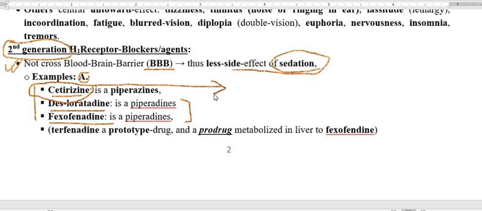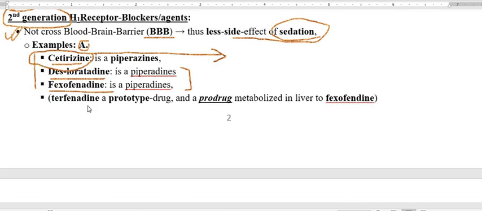It is very usable in cough, in urticaria, and in many allergic reactions. Regarding terfenadine, what is it? It is a prodrug, which is very important.